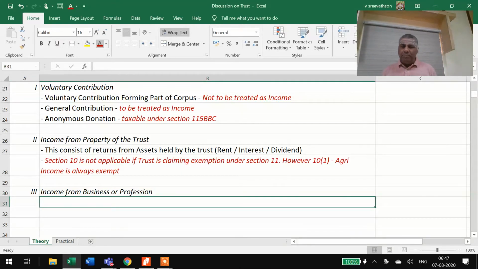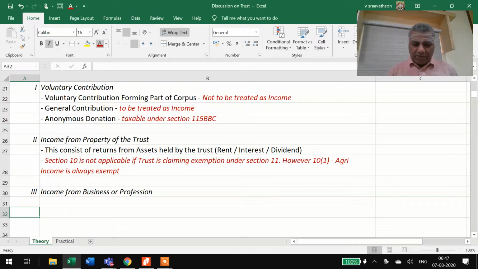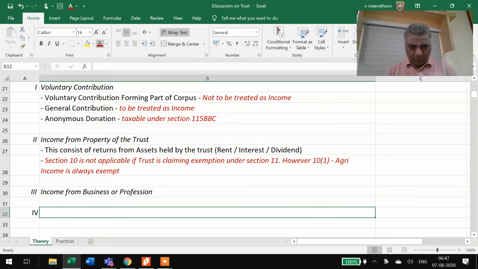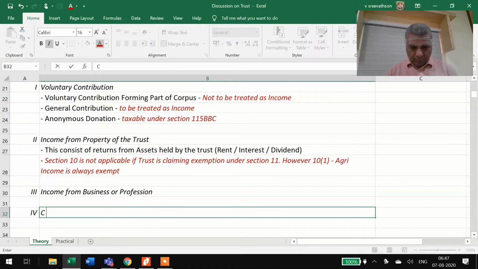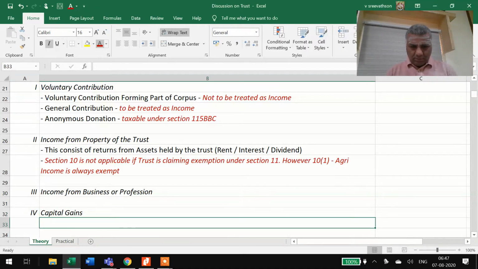Income from business or profession, which we all know: if it is falling under the first limb, then it is going to be exempt. If it is general public utility, it is going to be restricted to 20%.